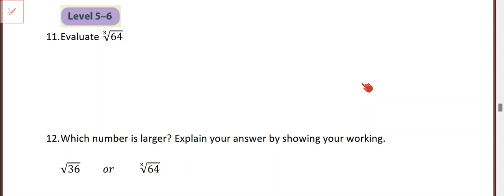Right, this one caused lots of issues. Obviously, because we're getting up to levels 5 and 6. But this one also is a calculator thing, because I've shown you how to do this on your calculator.